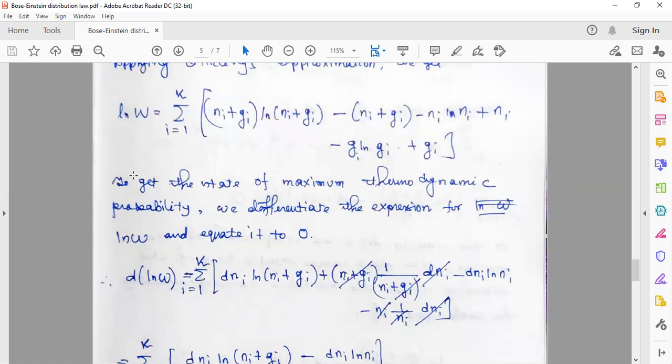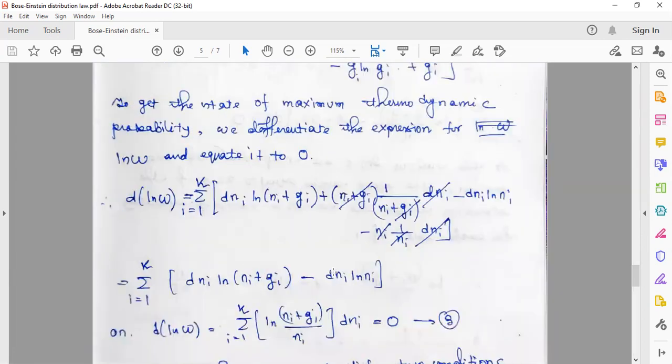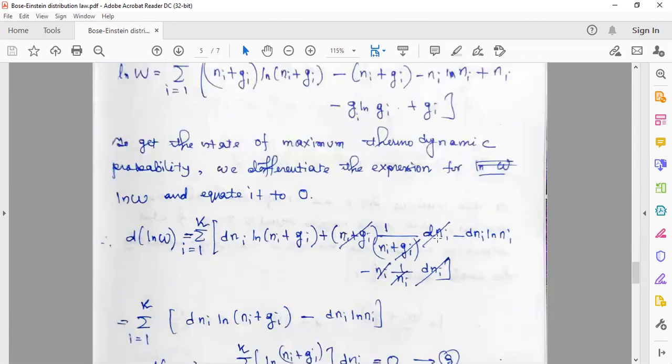So upon differentiation, what are we supposed to get? The differentiation of natural logarithm of W will be this one and this one first, and then ni will be there, dni. And then (ni plus gi), and then you differentiate this particular term. It will be 1 over (ni plus gi), and then it will be dni.